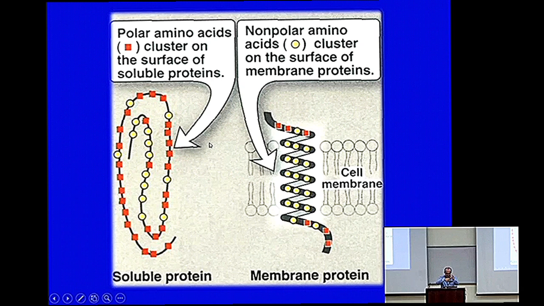Think of it almost like a ball, wrapped around itself in a globular form. And it's made of two types of amino acids that make this polypeptide. Polar are red squares, and nonpolar are the yellow circles.